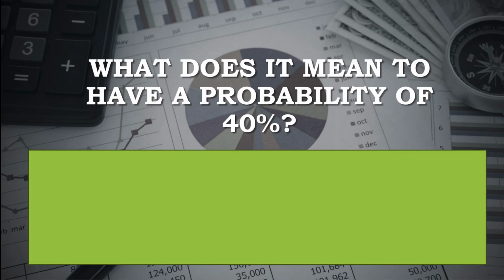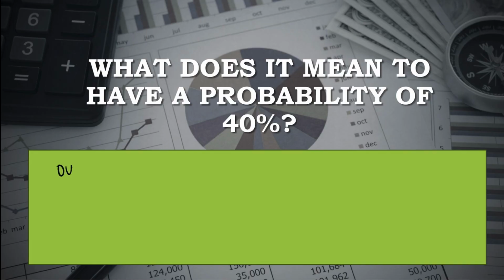So what does it mean to have a probability of 40% then? If something says that there's a probability of 40% that it'll happen, what that would mean is, remember, this is out of 100, right? Percentages, decimals, even fractions, when you think about it on the scale that we're thinking of, is between 0 and 1. It's between 0 and 100.